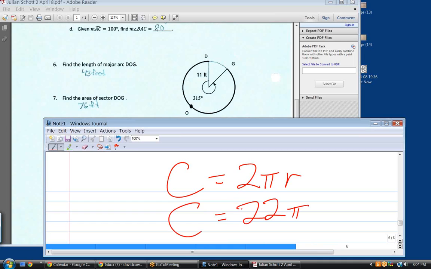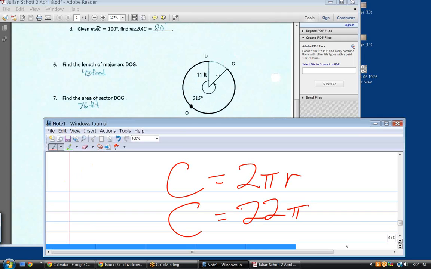Well, what part of the circumference are we looking at when we look at DOG? What ratio of the full circumference do you think that is? 1/3? Well, it's a lot more than 1/3. It's almost the whole thing. How would we figure it out? They give us this 315 here.